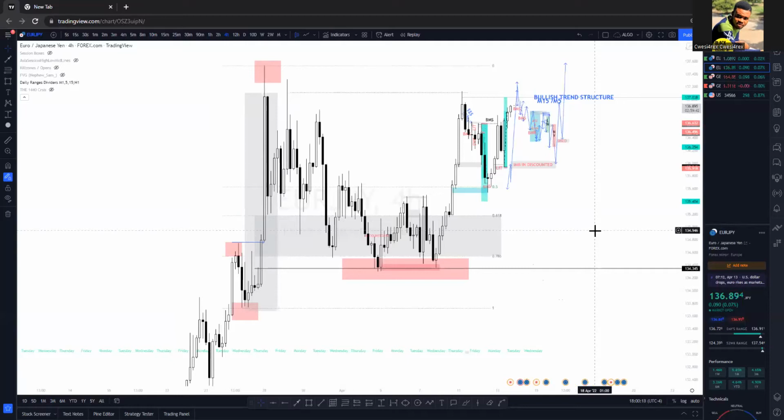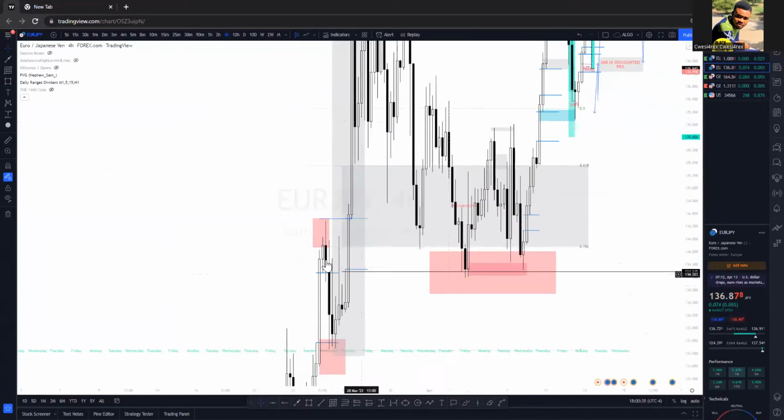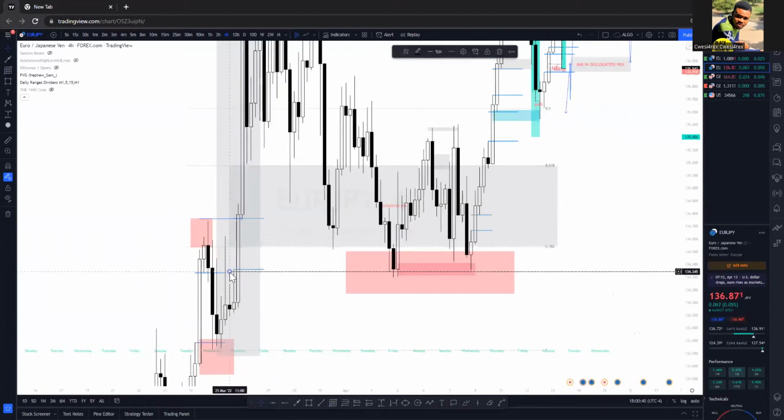So within every inefficiency, we have the 100% and the 50%. So let me show you how to mark. I have an indicator which I've shared with you guys already, right? This indicator does all the work for me, right? And you see it has marked this inefficiency for me.